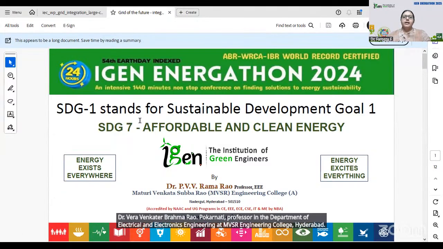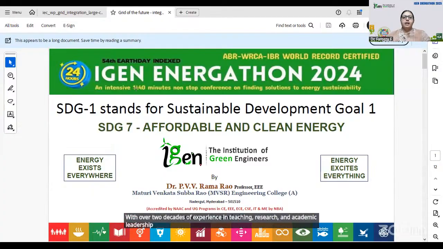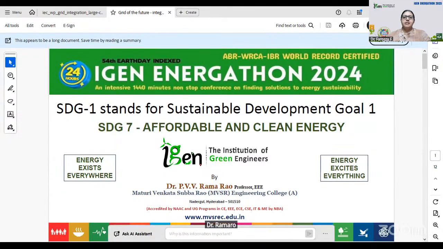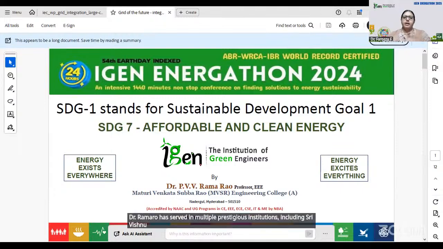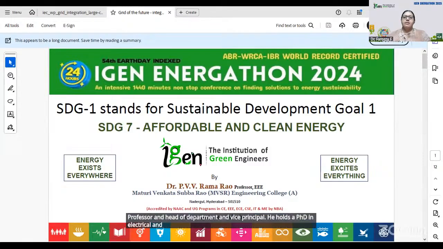With over two decades of experience in teaching, research, and academic leadership, Dr. Ramarao has served in multiple prestigious institutions, including Sri Vishnu Engineering College for Women and Tirumala Engineering College, holding roles such as Dean of Research and Development, Professor and Head of Department, and Vice Principal. He holds a PhD in Electrical and Electronics Engineering from Jawaharlal Nehru Technological University and has been a driving force in both academic excellence and institutional growth.